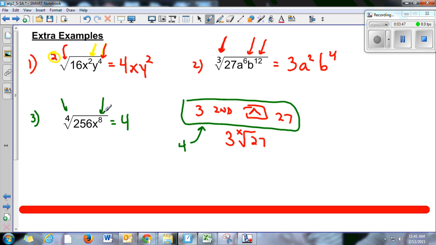Take that 4, my index, divide that into my exponent of 8, and I get x squared. And so everything in all 3 examples works out nice and even, which is great, but that's not always going to be the case. So if you need to, stop, rewind, go back, listen to the explanation of the examples again. We're going to stop for a second here, and we've got some other examples that are slightly more difficult for you.